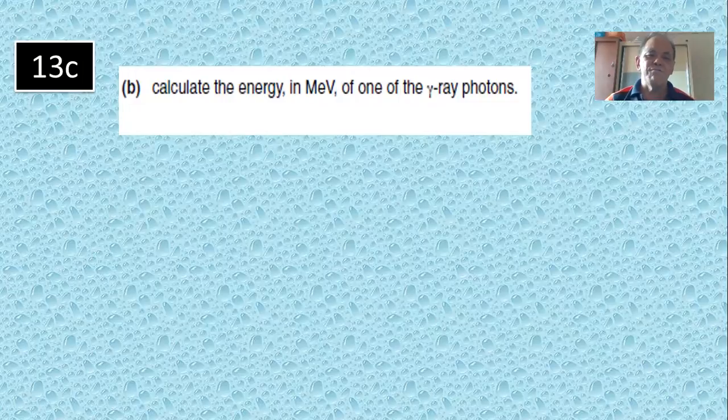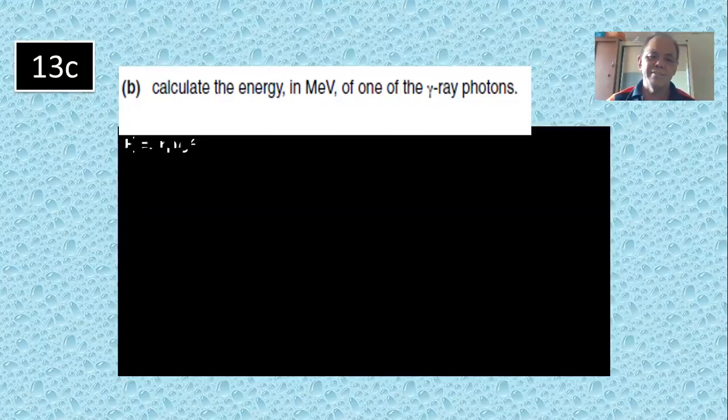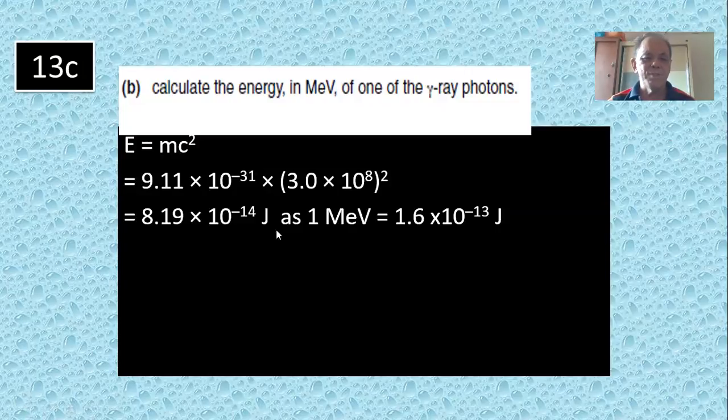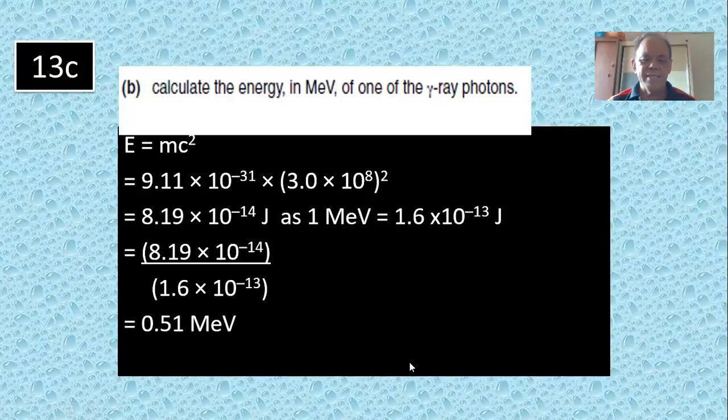Use either the positron or electron. Same, E equals mc squared. The mass of electron you can get from your data sheet, and the speed of light. And then when we want to convert it to megaelectron-volt, 1 megaelectron-volt is just that. So we have to divide to get our megaelectron-volt.